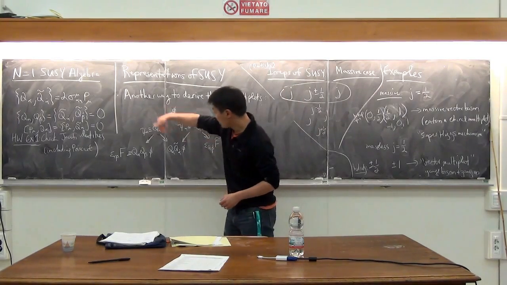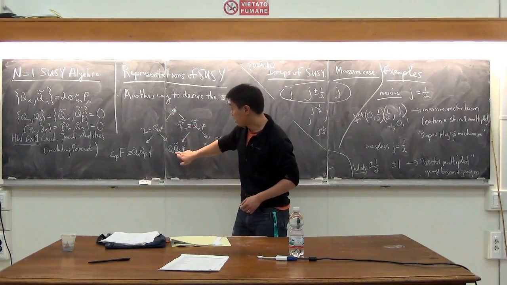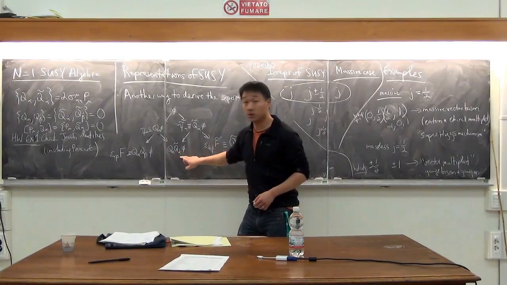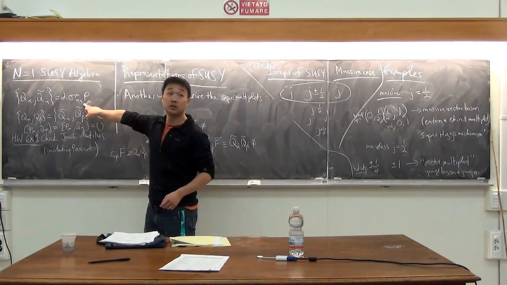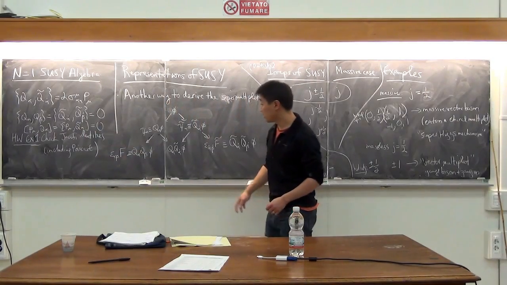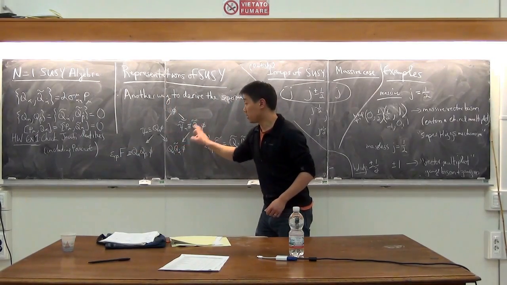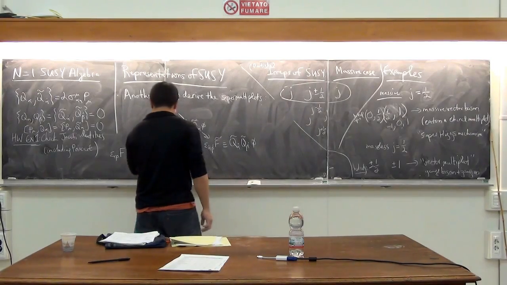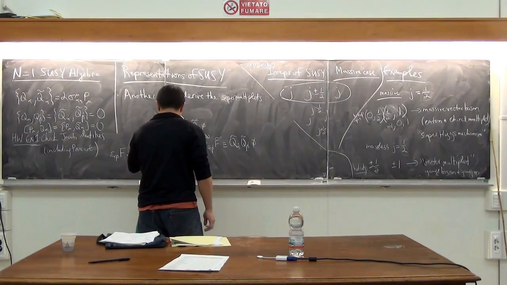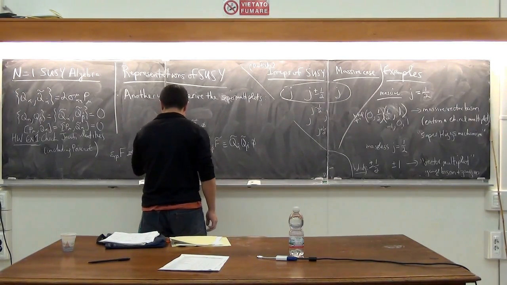This direction and this direction differ by the anti-commutator of Q and Q tilde, which is a total derivative. So if I drop total derivatives, then it doesn't matter. Then this is the only new thing I get, and this thing I can call A alpha alpha dot. Spin 1.